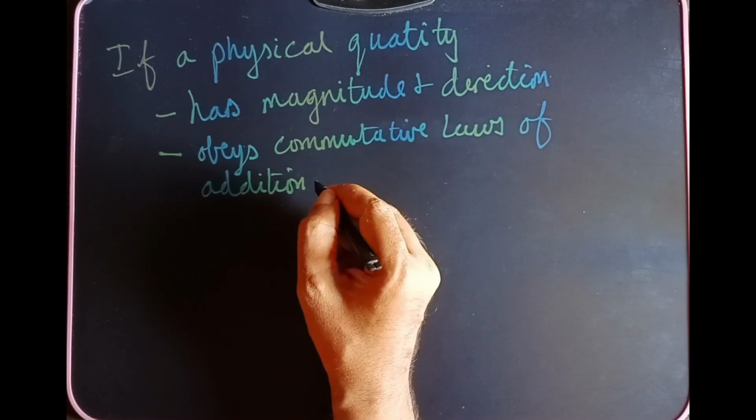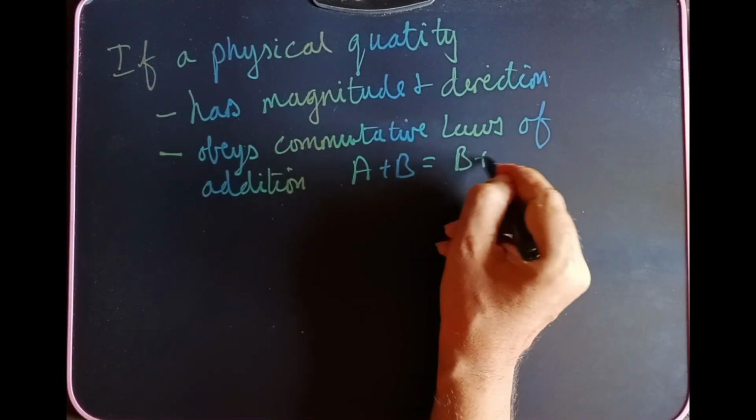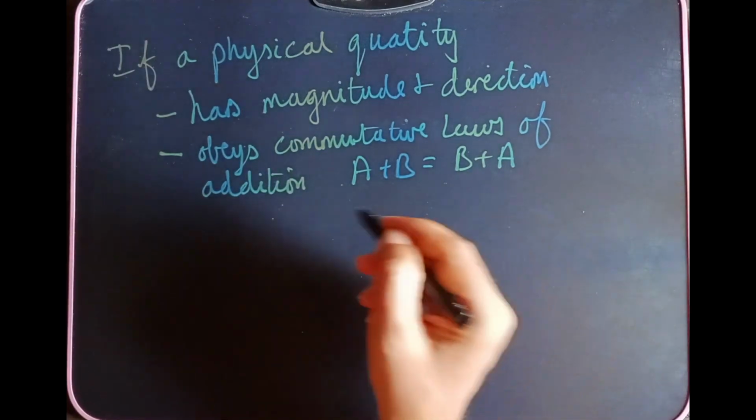What does commutative law of addition mean? If I do A plus B is equal to B plus A, that means the order doesn't matter, both mean the same thing.